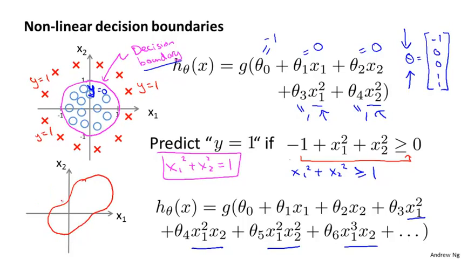Or for even more complex examples, maybe you can also get decision boundaries that look like more complex shapes like that, where everything in here you predict y equals 1, and everything outside you predict y equals 0.